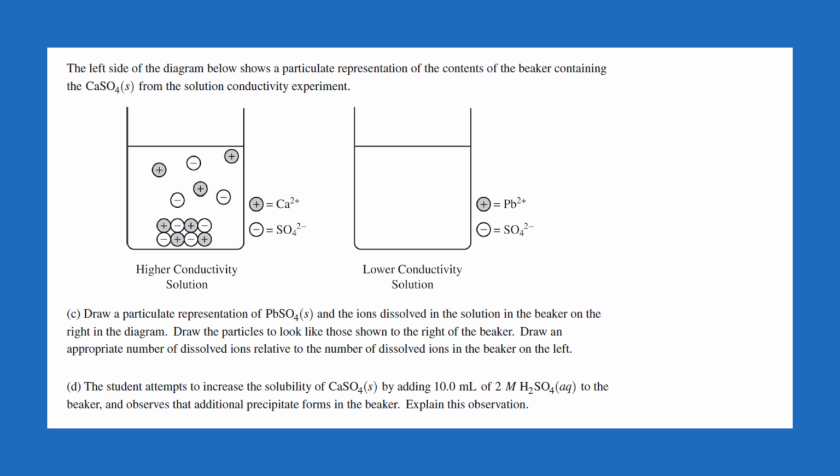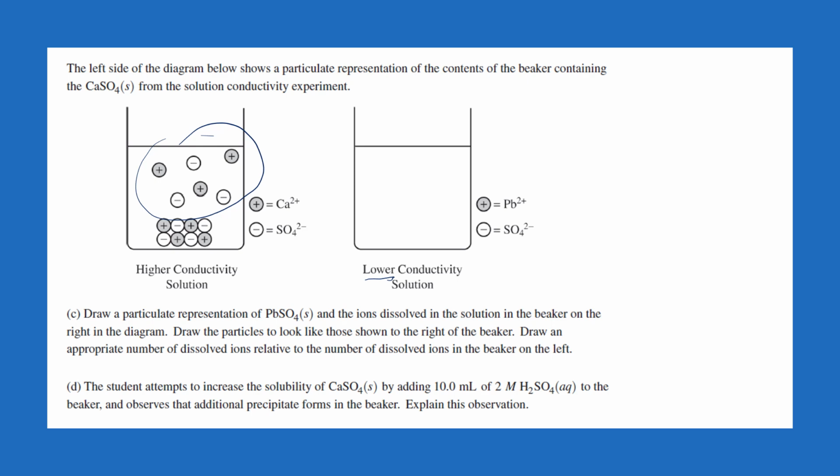Okay, so the left side of the diagram shows a particle representation of the beaker containing calcium sulfate. And we want to draw the representation of the lead 2 sulfate and the ions dissolved on the right. So we really want it to be less conductive, so you want to see fewer ions here.